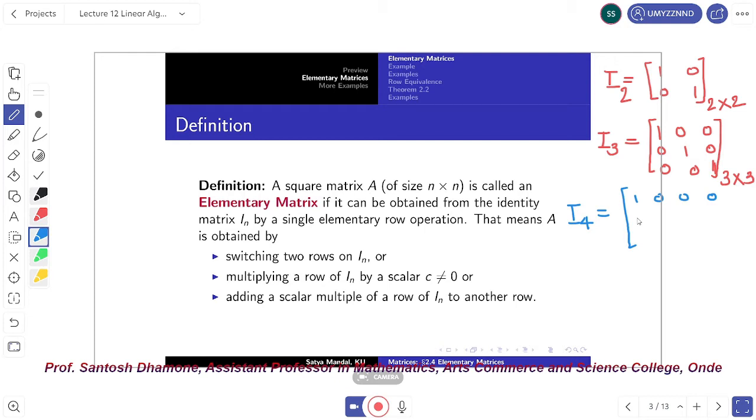This is the identity matrix for 4. We know that the definition of identity matrix is a square matrix whose diagonal elements are equal to 1 and other elements are 0.